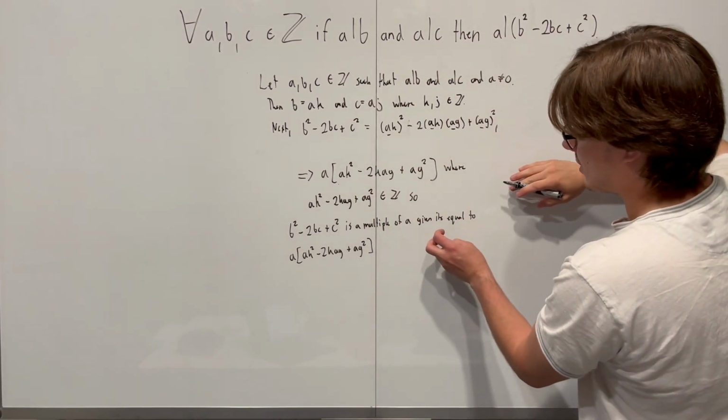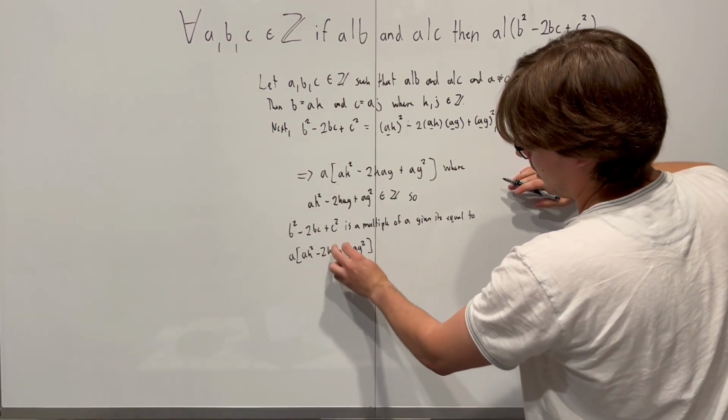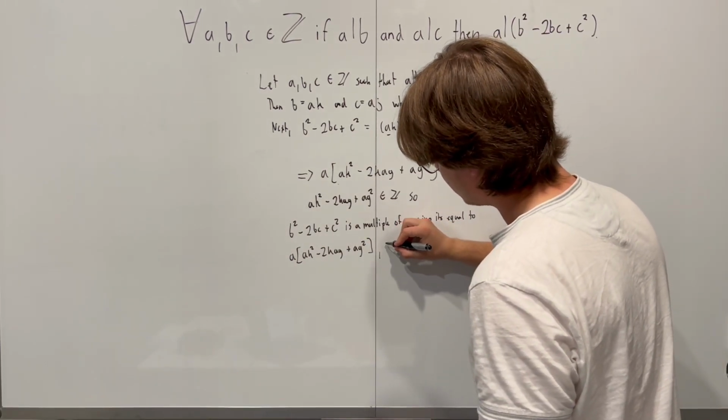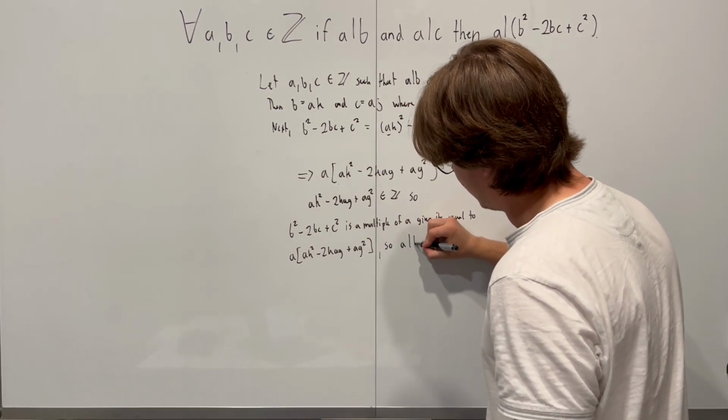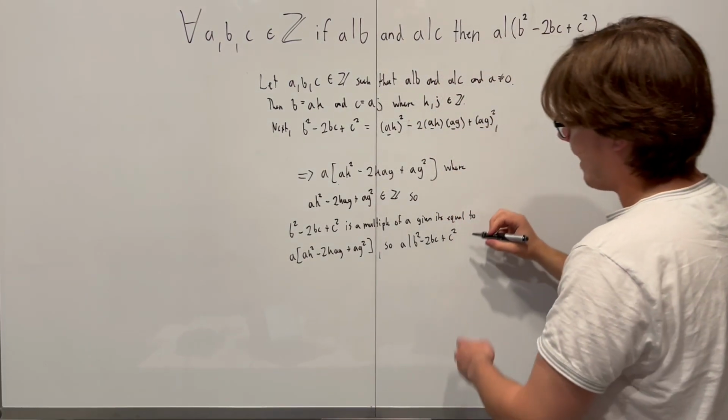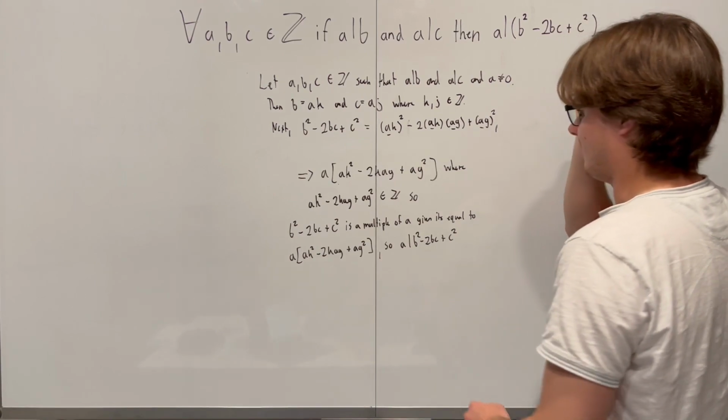You don't really have to say the given part, given it's equal to yada yada. You can just immediately jump from this to, so a divides b squared minus 2bc plus c squared. And then you can add another thing saying by definition of divisibility.